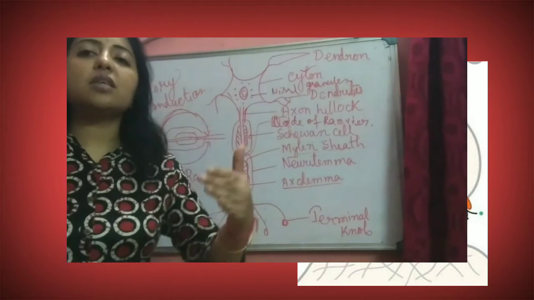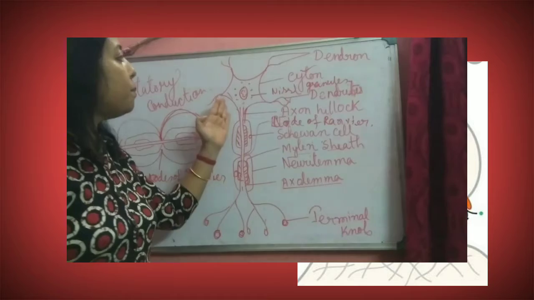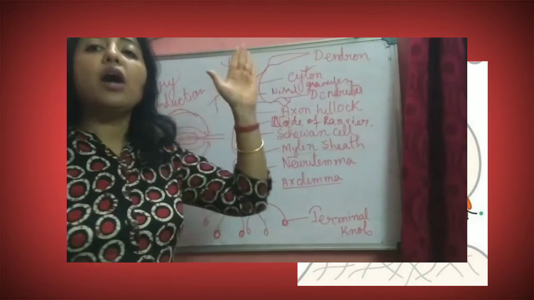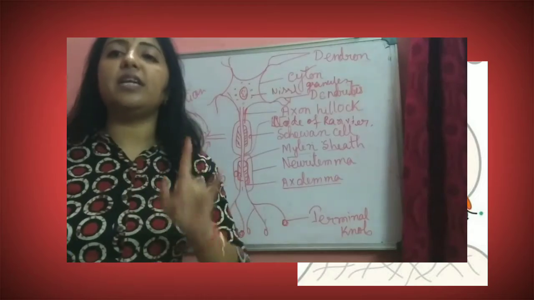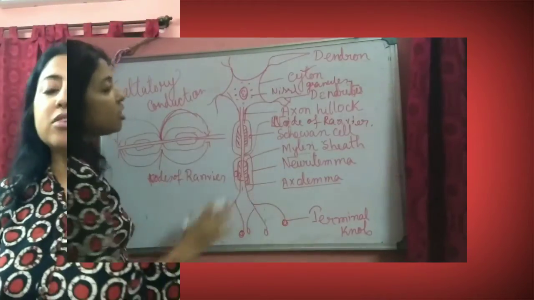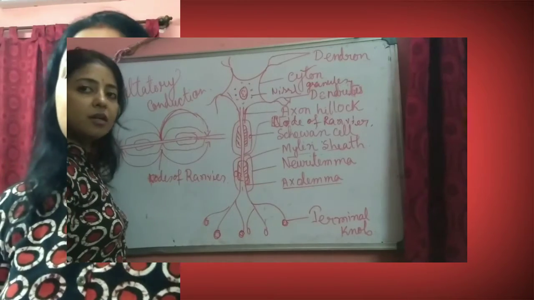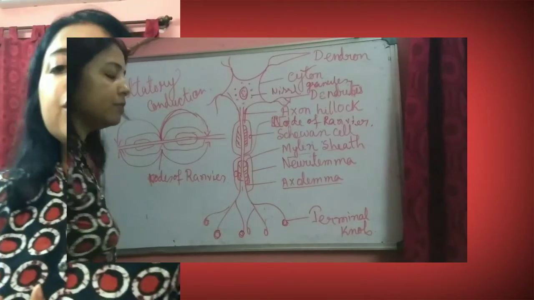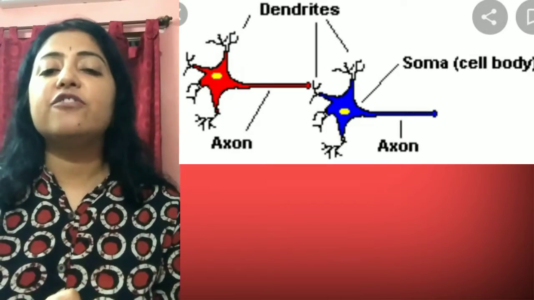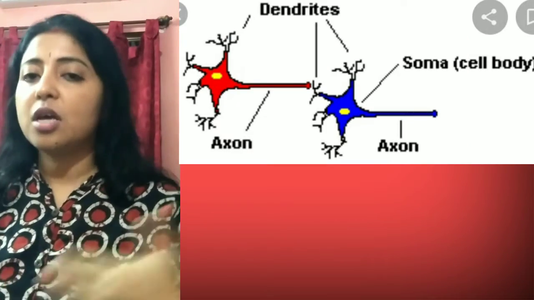Neurotransmitter. That means this chemical substance helps to pass the nerve impulse from one neuron to another in the form of electric impulse. Clear? So, this is here another structure, the synapse. What is synapse? Two neurons, there is one meeting point or one point of contact of two neurons.